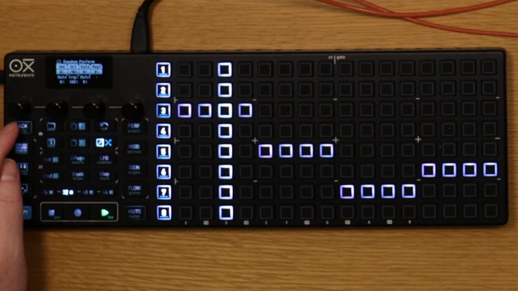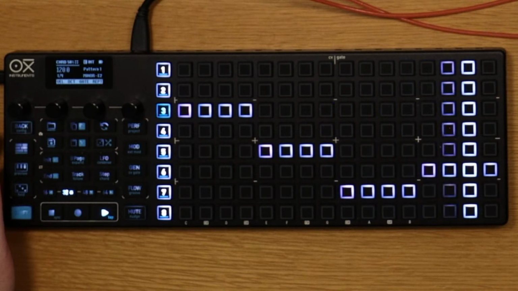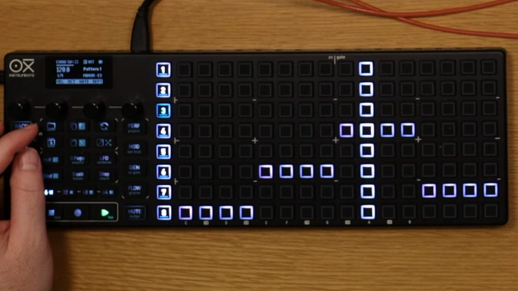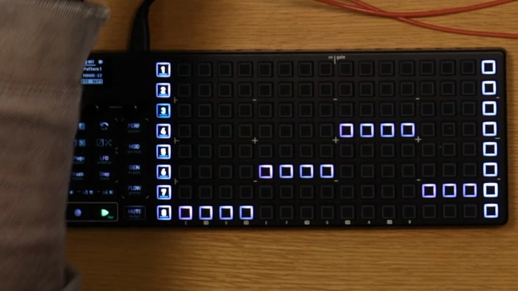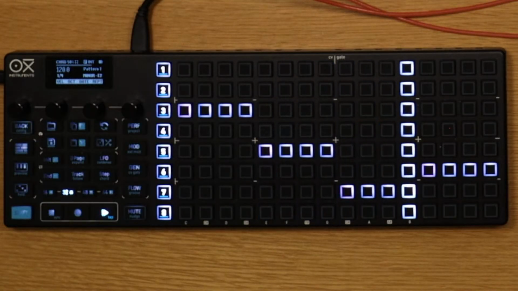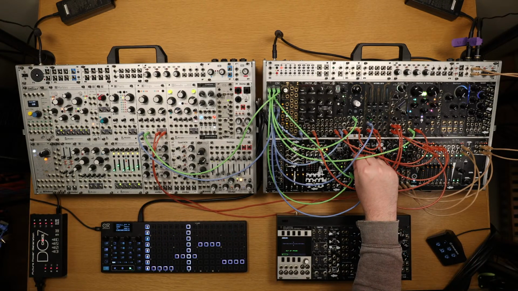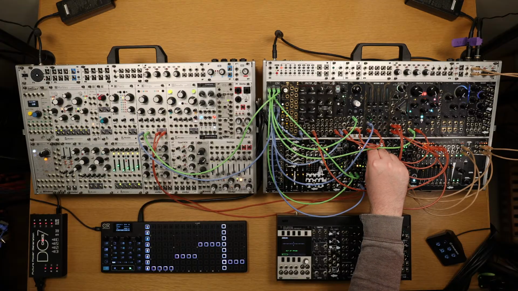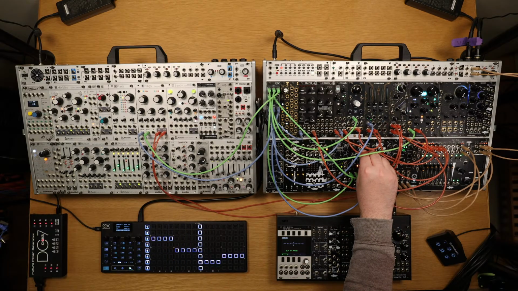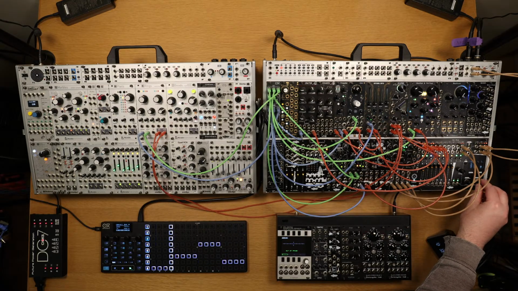Chance to play an octave higher. Let's give some reverb to the arp.